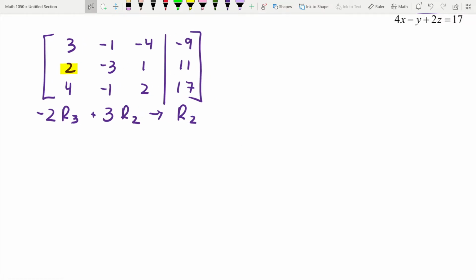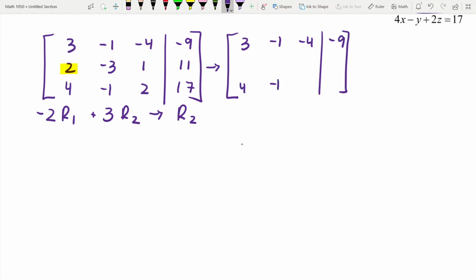Yes, I'm so sorry. A little distracted. -2 times row 1, thank you, plus 3 times row 2 becomes my new row 2. Okay, so row 1 doesn't change. Row 3 doesn't change. Write these numbers down, please.